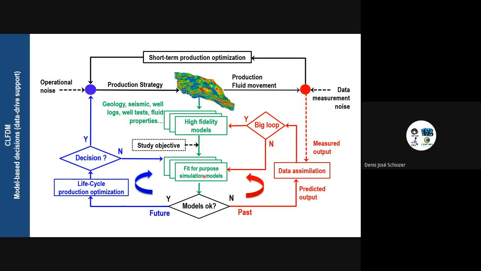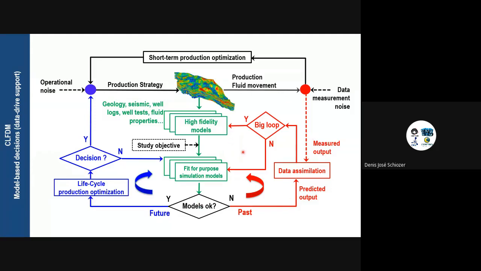When we have these models, we are going to use them for these two main activities, which are to forecast production and to select production strategy. So we need to check the models are okay. I'm going to explain that the models can be okay if they honor all the data we have, not only static data that we use to construct the model, but also the dynamic data.